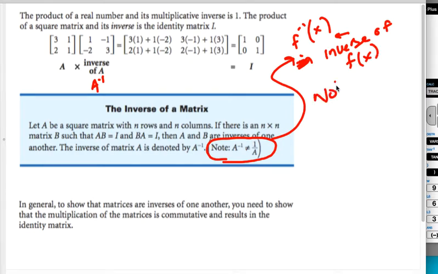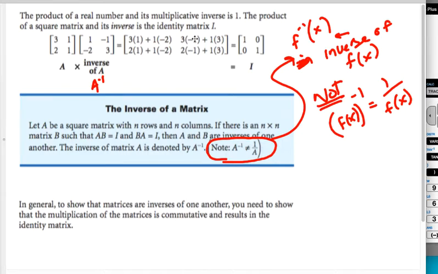It does not mean the same thing as putting f of x to the negative first power, which would mean 1 over f of x. So this is the same idea. This A inverse is not 1 over A. There is no matrix division. You can only multiply in matrices. You cannot divide.